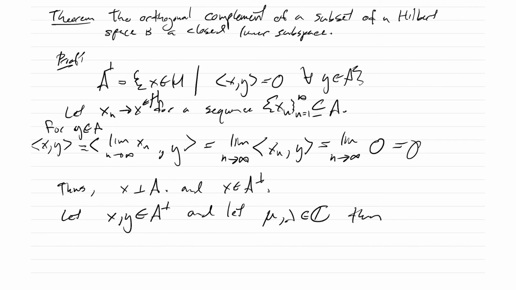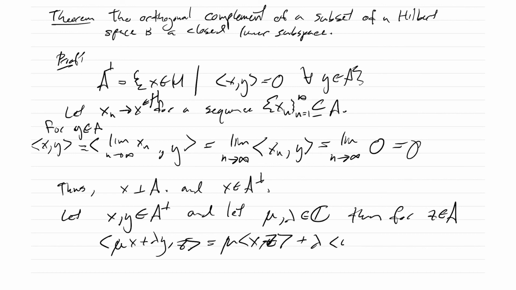Then for z in A, we have the inner product of mu x plus lambda y with z, which is equal to mu times the inner product of x with z plus lambda times the inner product of y with z, which is mu times 0 plus lambda times 0, equal to 0.